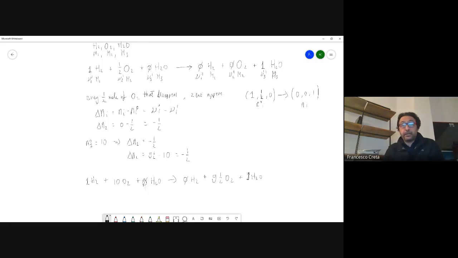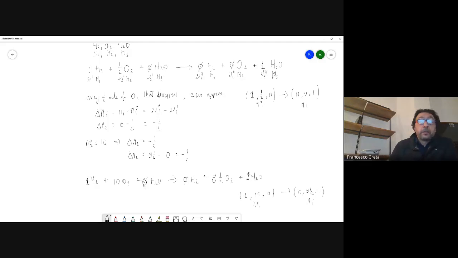In this other case, I still had 1 mole of initial hydrogen, 10 moles of oxygen, 0 moles of water. So this is again my N0, and I will have essentially 0 moles of hydrogen, 9.5 of oxygen, and 1 mole of water.